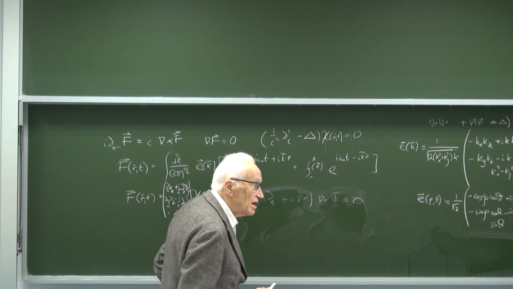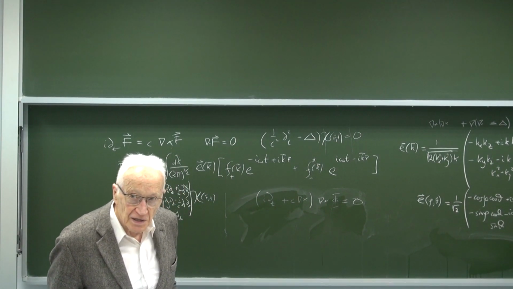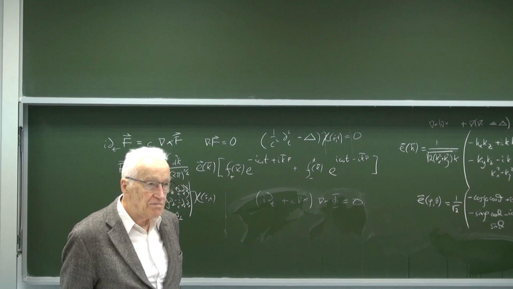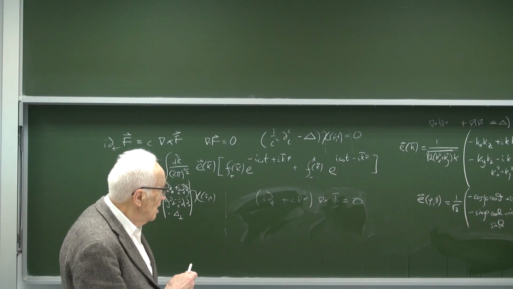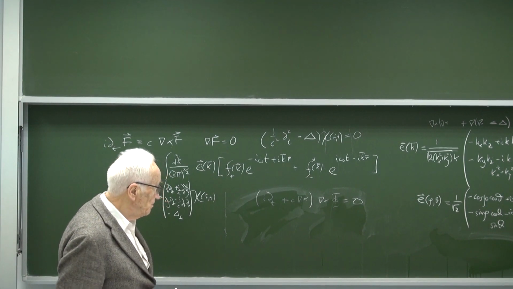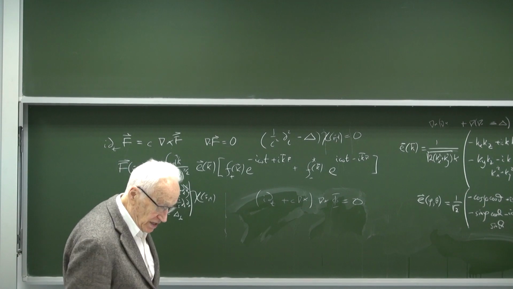Now there's another superpotential that is used in electromagnetism, and this is called the Debye potential. So we may ask the question, how do the Debye potentials fit into this scheme?